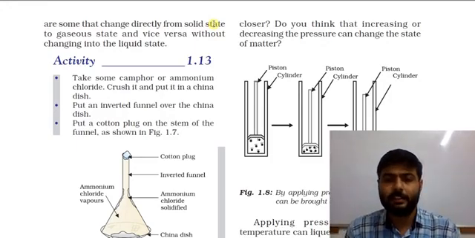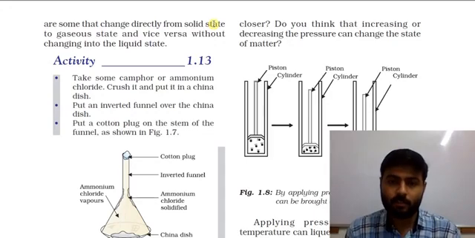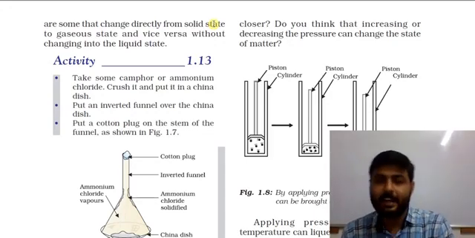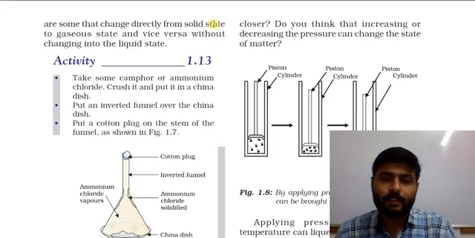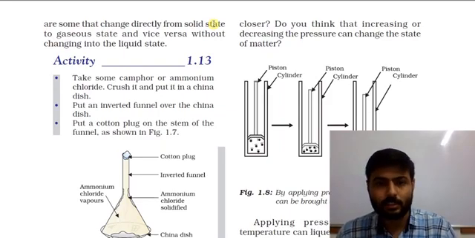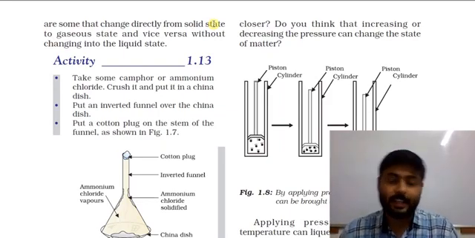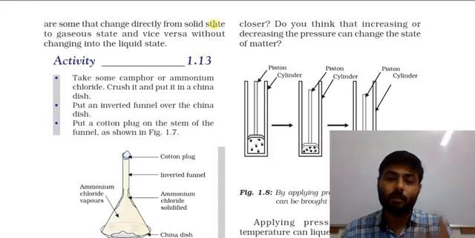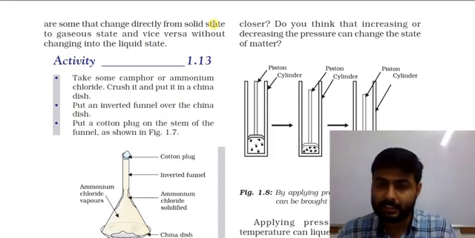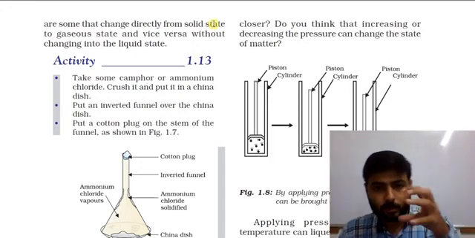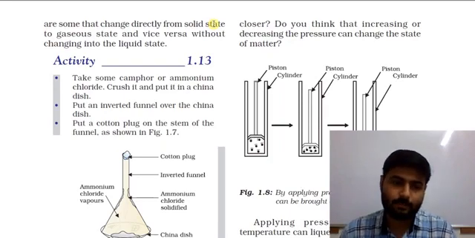We have seen that there is a conversion from solid to liquid and liquid to gas. But we have some substances, some matter around us, that converts directly from solid state to gaseous state.